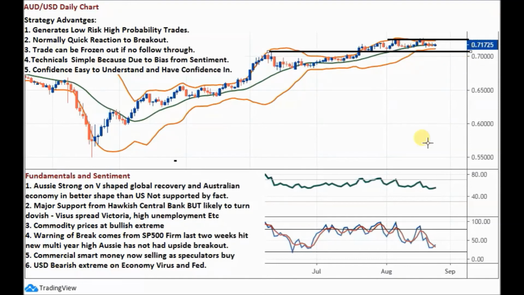You can see why I've drawn that line: it came up there, reversed, broke through, support, support, support, support, back up, support. And now if that level gives way, I think you see the bullish extreme in the Aussie peak, and speculative longs will exit, new speculative shorts will come in.